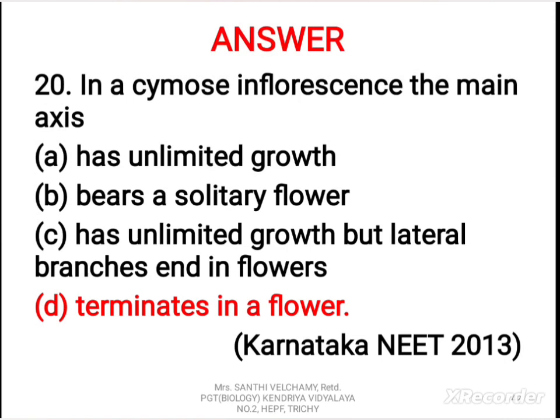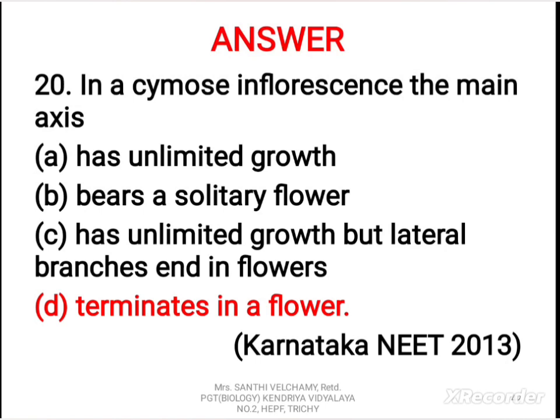Here the inflorescence is also called definite and determinate. The growth of the peduncle is definite, so the terminal bud is modified into a flower. Flowers develop in basipetal succession, that is, mature flowers are towards the apex and younger flower buds are at the base.